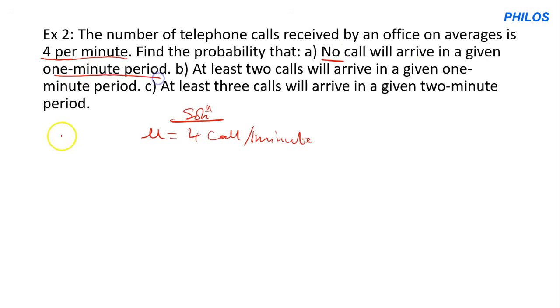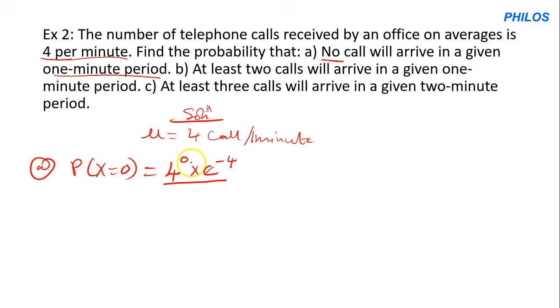So to solve question A, the probability that no call, it means X is exactly 0, no call, okay. That should be mean exponent X, that's 4 exponent 0, times e exponent negative 4 divided by X factorial, which is 0 factorial.